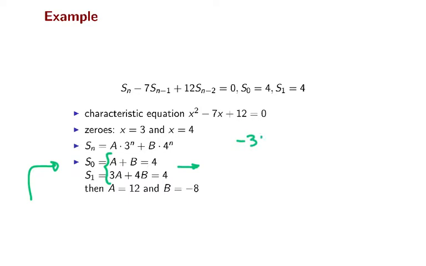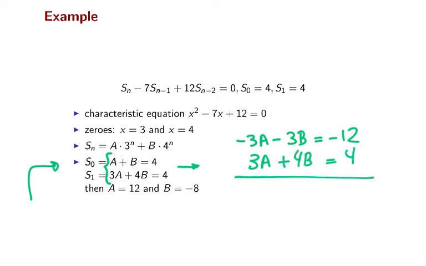So that will be minus 3a minus 3b equals minus 12. And the other one, I'm going to leave it as it is. So that will be 3a plus 4b equals 4. I just add this equation. 3a minus 3a cancel. 4b minus 3b is b equals minus 12 plus 4 is minus 8.